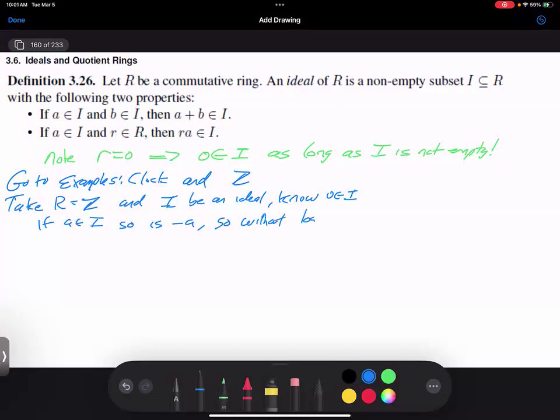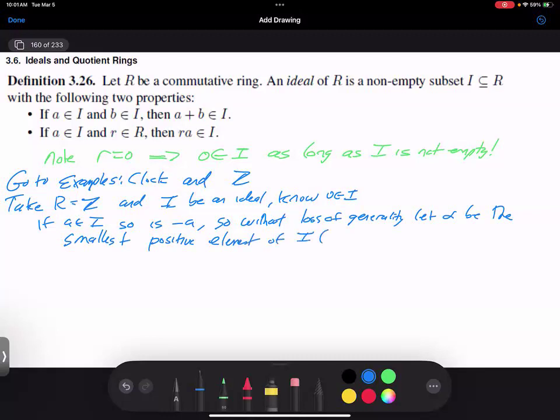Without loss of generality, let alpha be the smallest positive element of I. If no such alpha exists, then I is just the element 0.